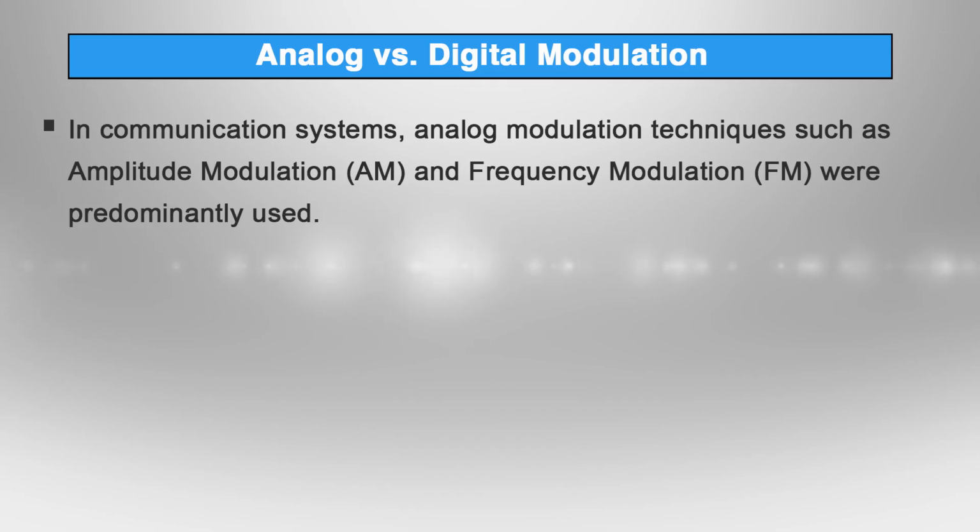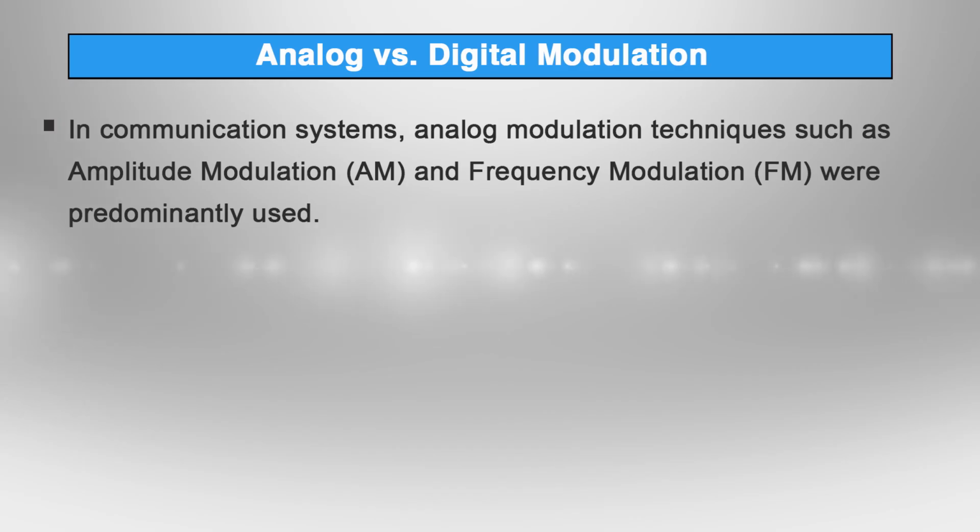Analog versus digital modulation. In early days of communication systems, analog modulation techniques such as amplitude modulation and frequency modulation were predominantly used. These techniques involve varying the amplitude or frequency of the carrier signal in accordance with an analog signal.